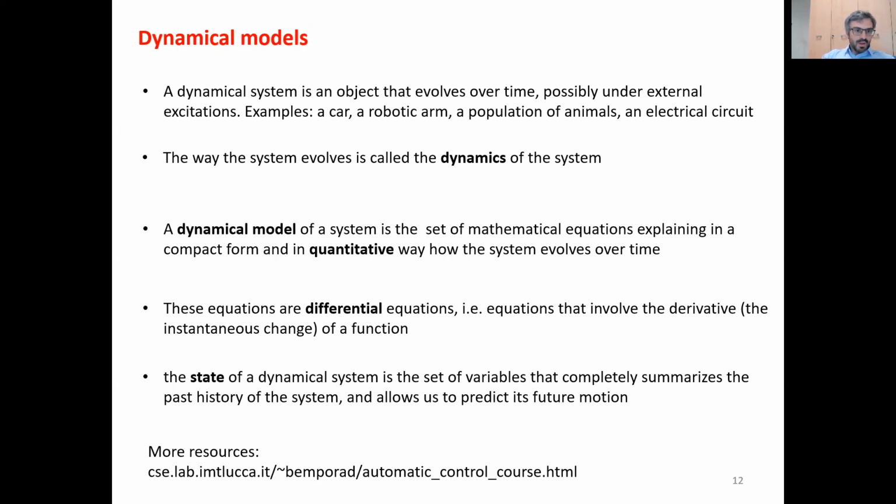And the state of a dynamical system is a set of variables that completely summarizes the past history of the system and allows us to predict its future motion, its evolution. You can find more resources in this nice course from Alberto Bemporad from Lucca University.